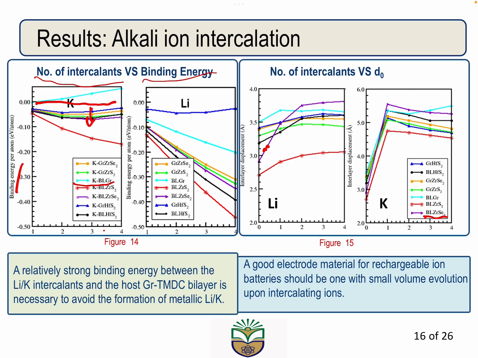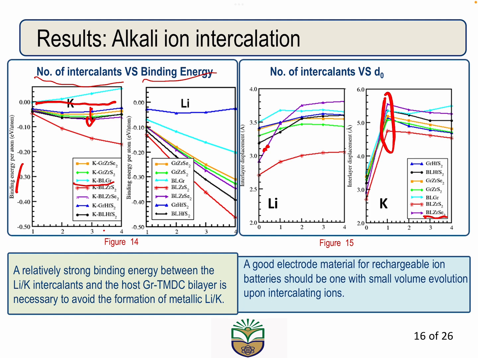Then when we look at the potassium intercalated system, we find that initially we had such a high increase after intercalation with the first ion, and we can attribute this to the fact that potassium has a bigger ionic radius in comparison to lithium.